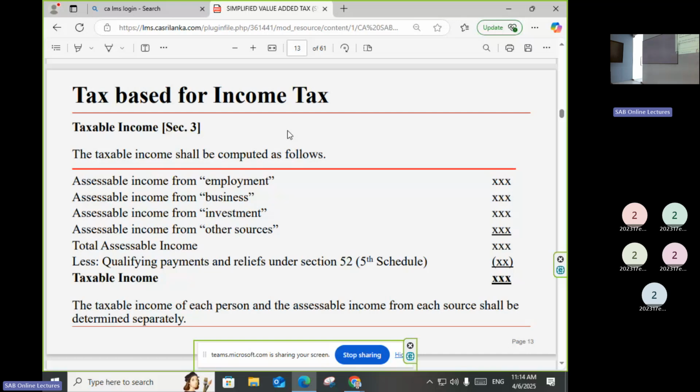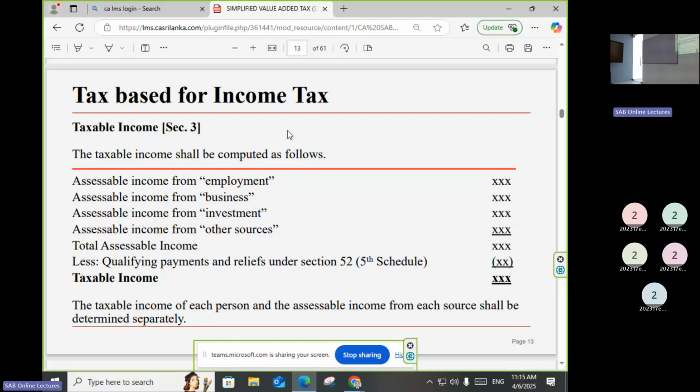So remember, whatever income comes under assessable income goes till taxable income. Therefore, there is no chance to deduct any income from assessable income. All the incomes we work out under assessable income, thereafter there is no chance to remove them.